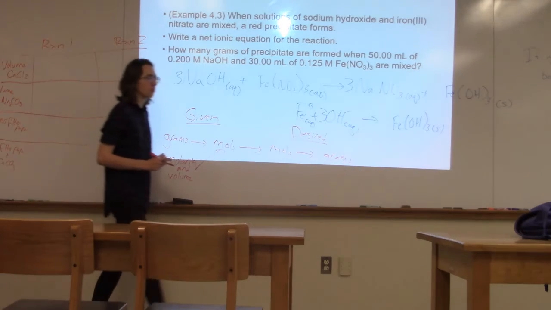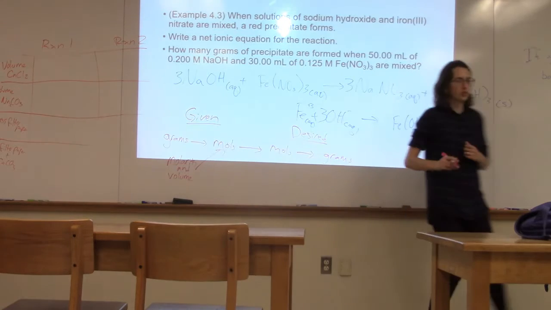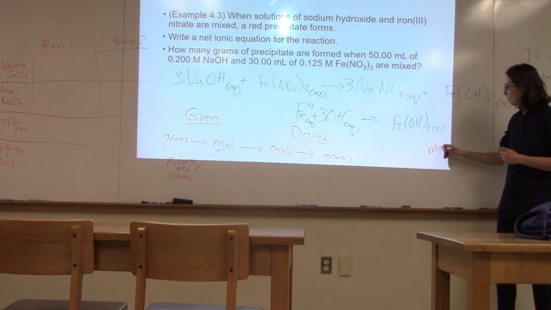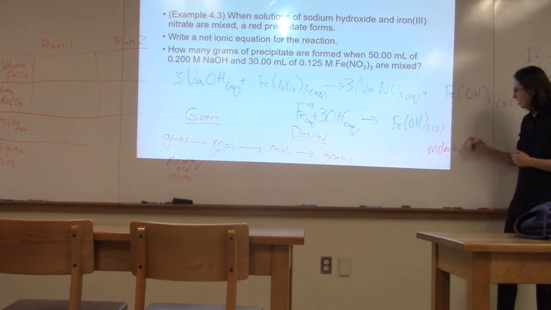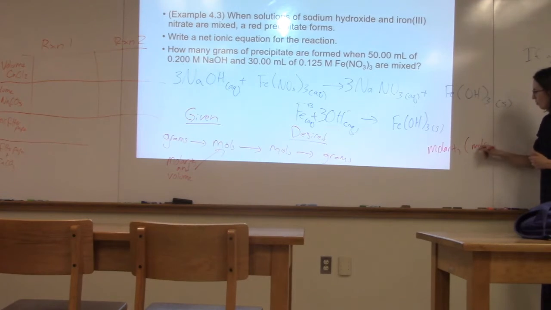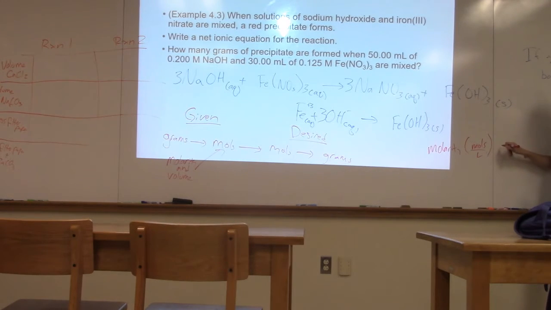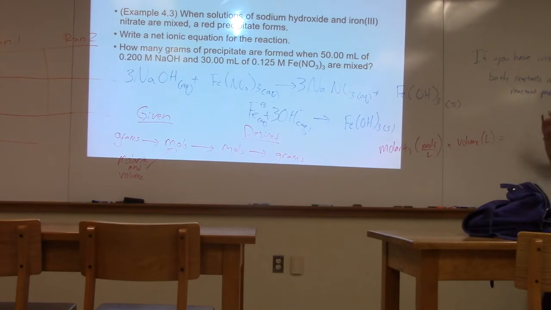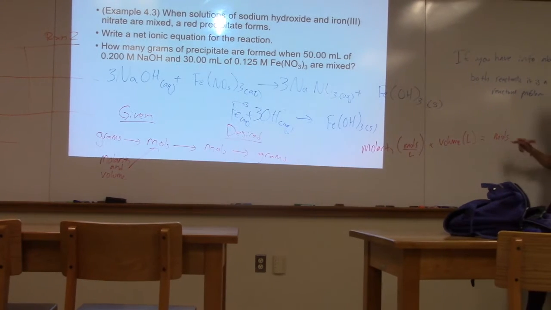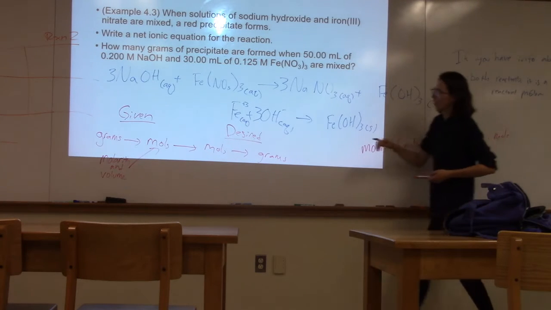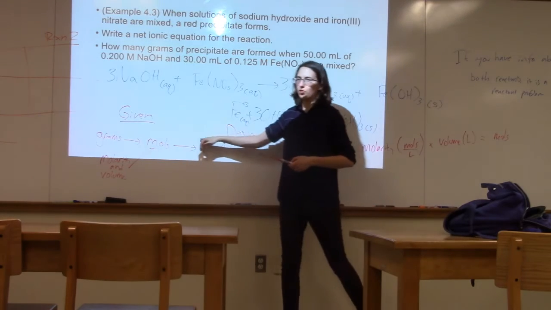So molarity, moles over liter, times volume in liters, the liters cancel out and you get moles. So if you've got molarity and volume, you can get to moles. And from moles, it's just a regular old stoichiometric problem.